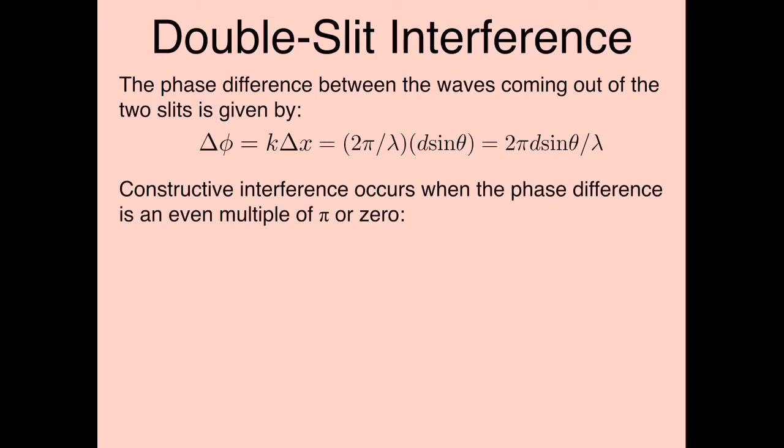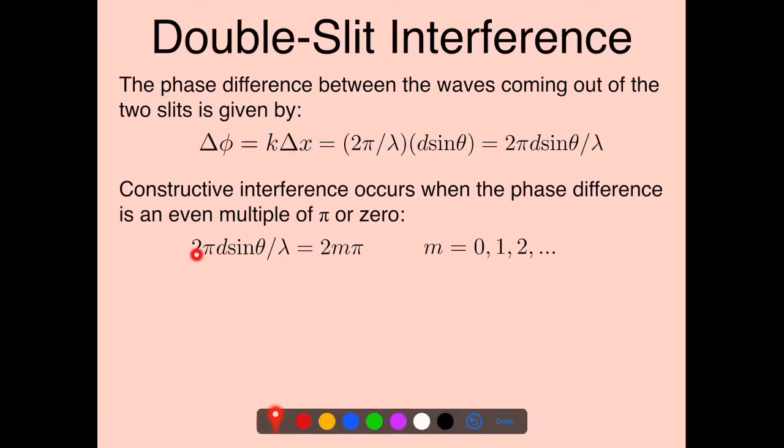0 also works. So what we'll do is set the phase difference delta phi, which is 2 pi d sine theta over lambda, equal to 2 times m times pi, where m is just a number that can be 0, 1, 2, and so on. That's how we specify that we have an even multiple of pi for our phase difference.